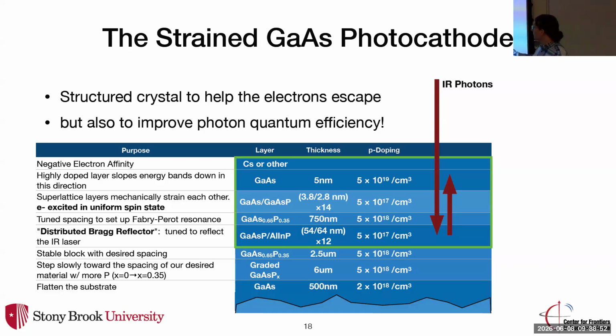So we have a very highly p doped, so there's a lot of electron holes here to encourage the electrons to drift upward. And then we put cesium or something else on top that has a literal negative electron affinity. Once the electrons get here, the cost to jump off the material and into the vacuum is negative. So they just spontaneously diffuse upward and then jump off. And they're in a really highly polarized, I think it's like 90% polarization state.